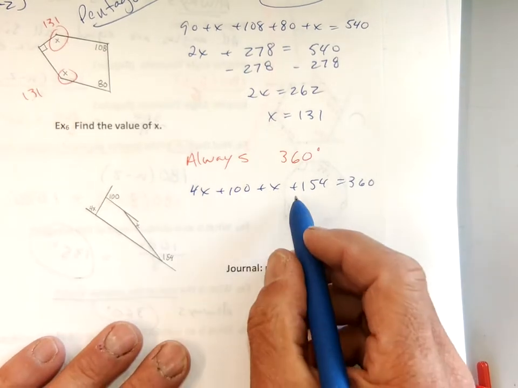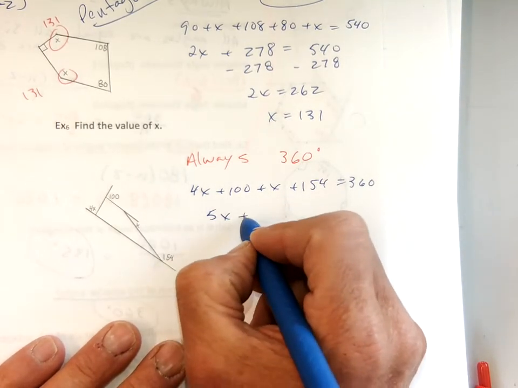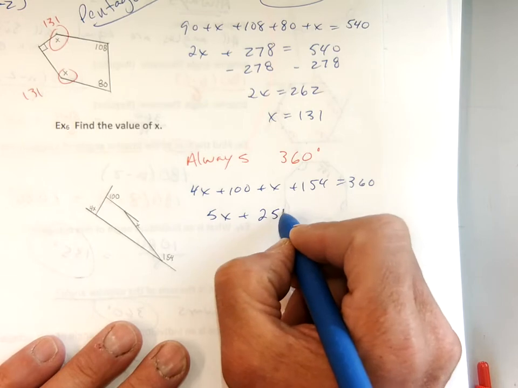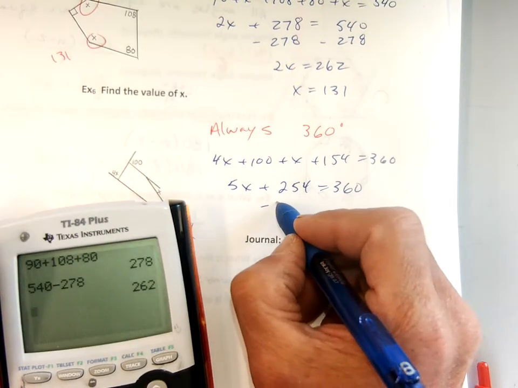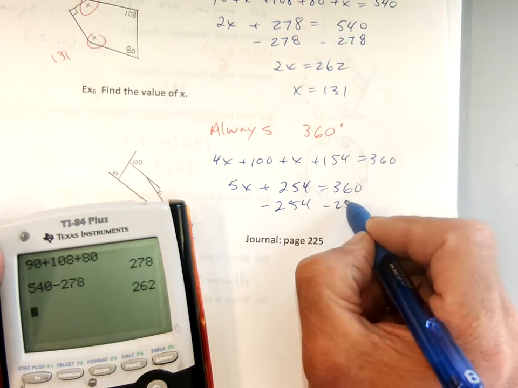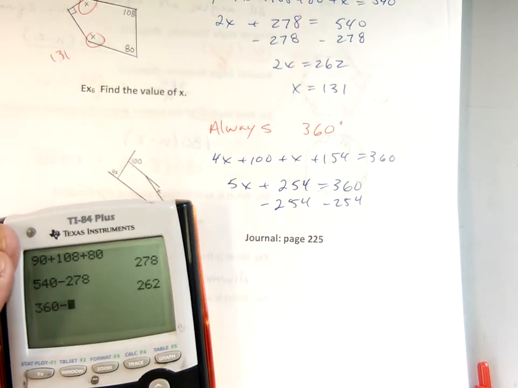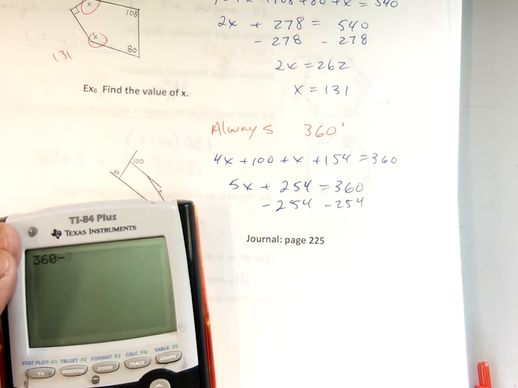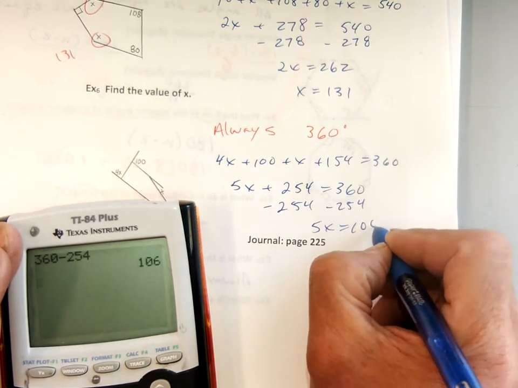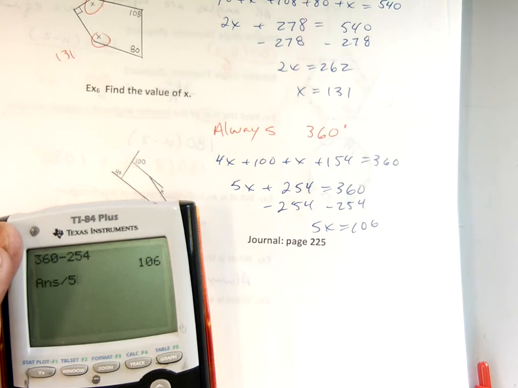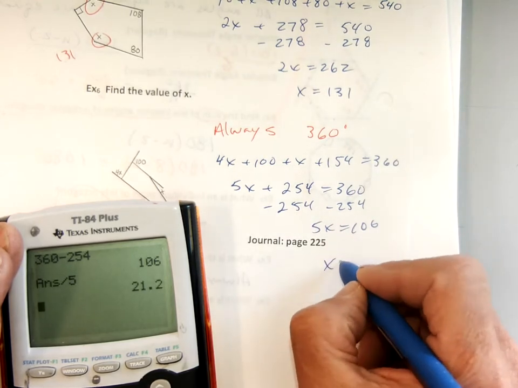So I'm going to have 5x plus 254 equals 360. Subtract 254 from both sides. 360 minus 254 is 106. Divide by 5, and I get 21.2.